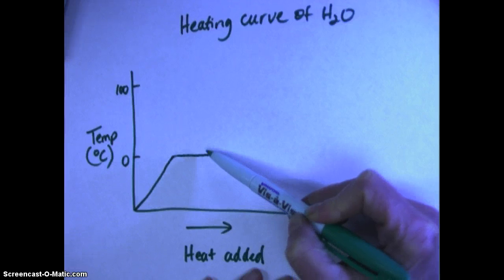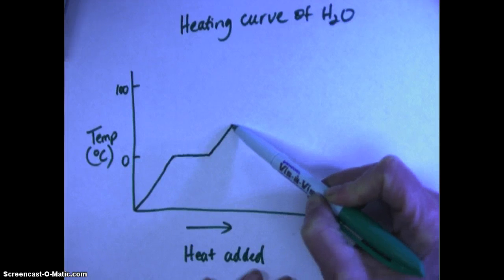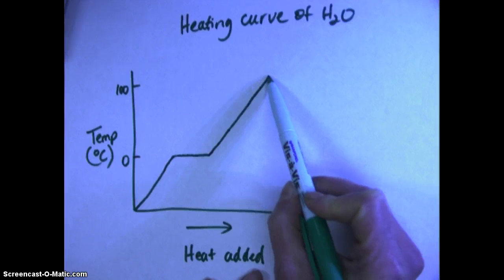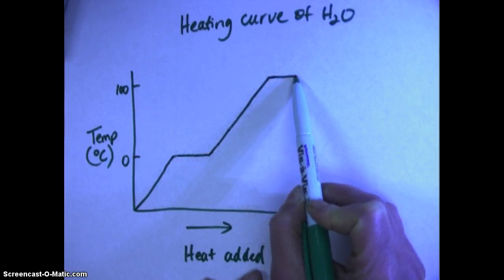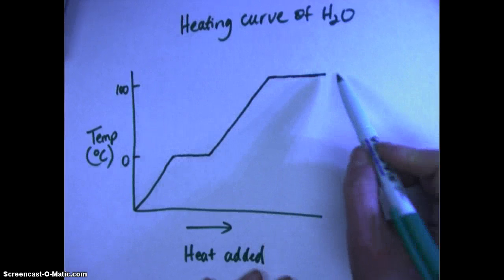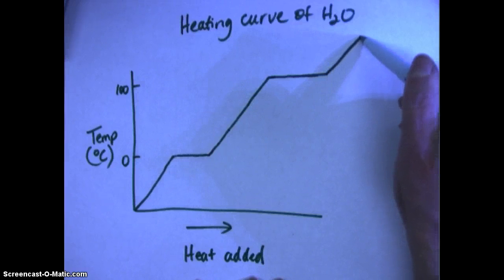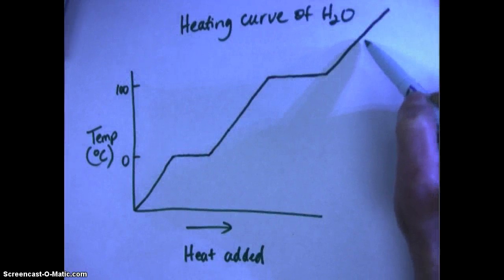And then once all of the solid melts, that heat energy will go into raising the temperature of the liquid until it reaches 100 degrees Celsius, at which point that heat energy will go into converting the liquid into a gas. And once all of that liquid has boiled away, then the heat will go into increasing the temperature of the gas.